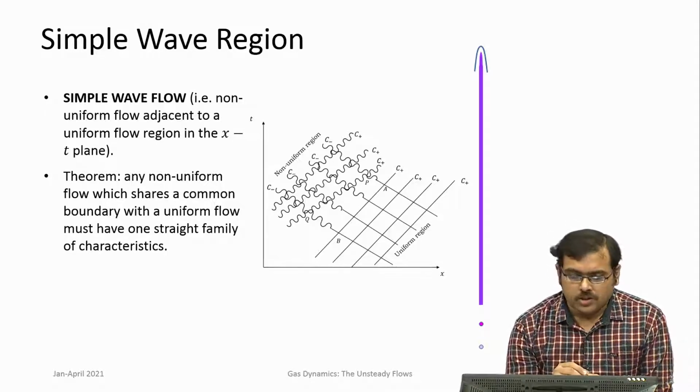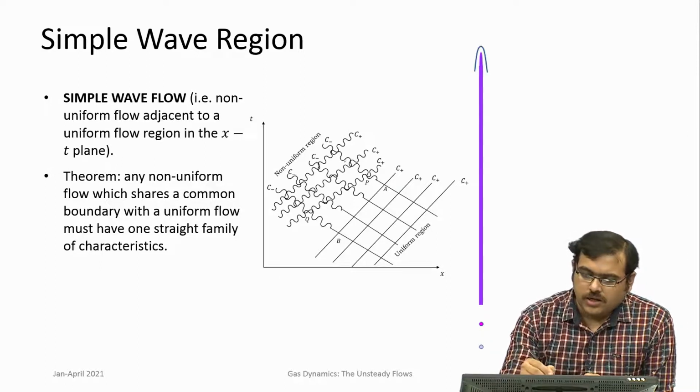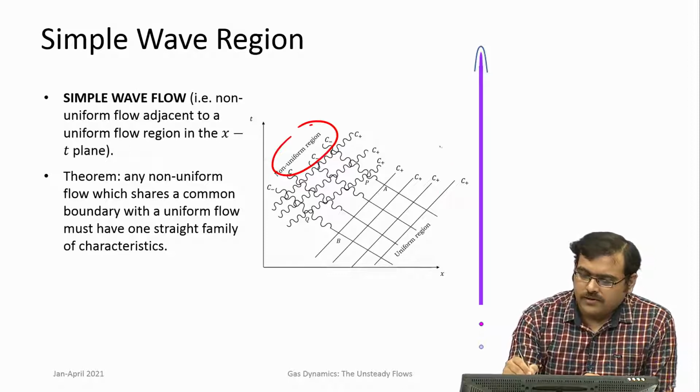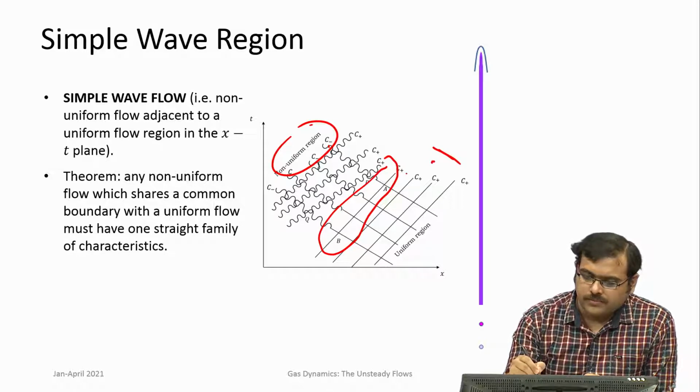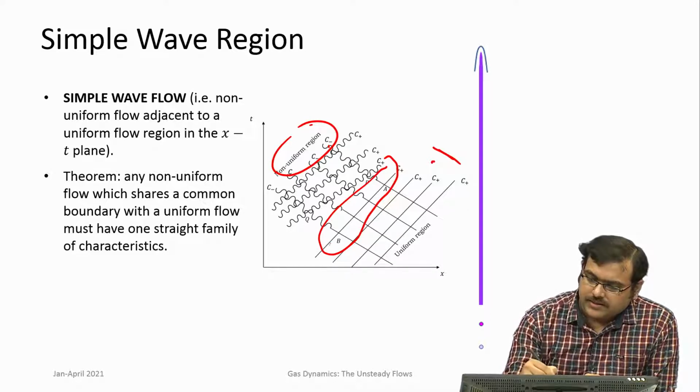You can show that simply by considering the case that you have a non-uniform region here and a uniform region here, and this forms the boundary of the non-uniform region and the uniform region. So these are C plus characteristics here, and C minus characteristics are coming in from the non-uniform region.